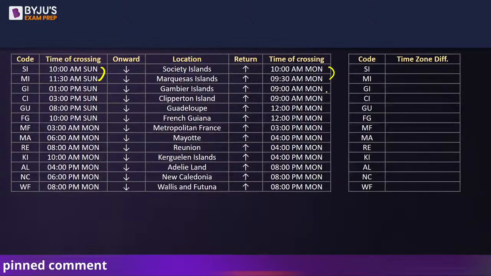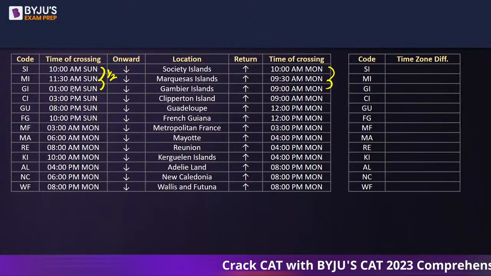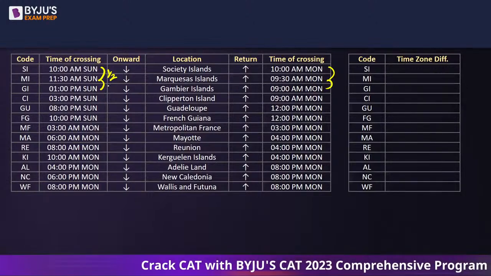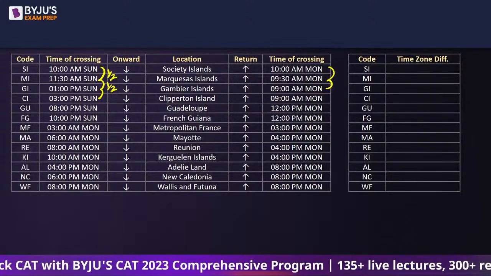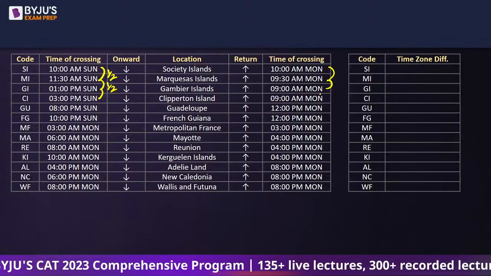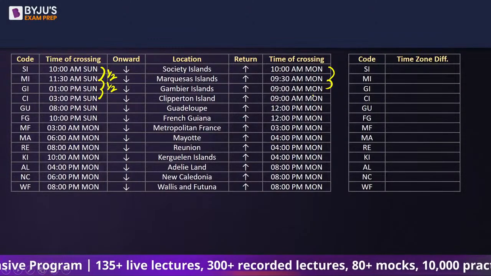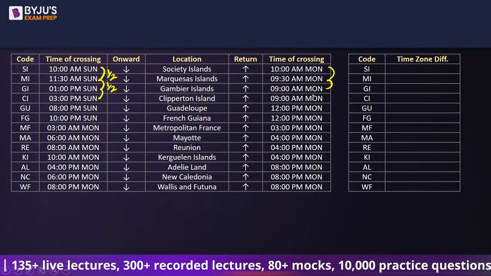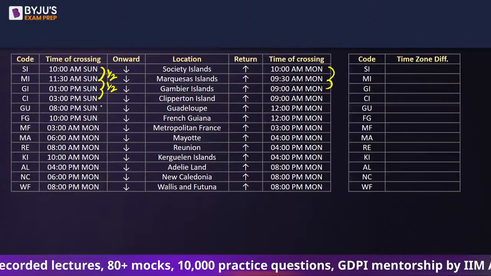So 1.5 and half average is 1. So half an hour का time zone difference. Okay, 11:30 to 1 and 9 to 9:30. So 11:30 to 1 is again 1.5. This is half. So अभी भी time zone difference half ही है. 1 to 3 this is 2 hours. 9 to 9 this is 0 hours. So average of 2 and 0 is 1. And since it takes 0, so this is going to be 1.